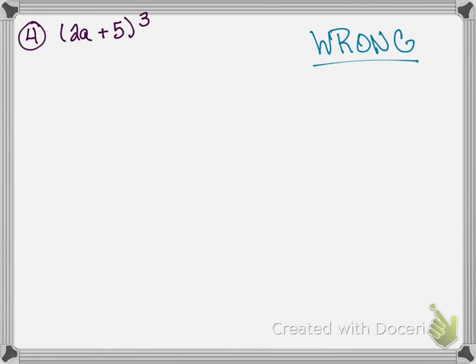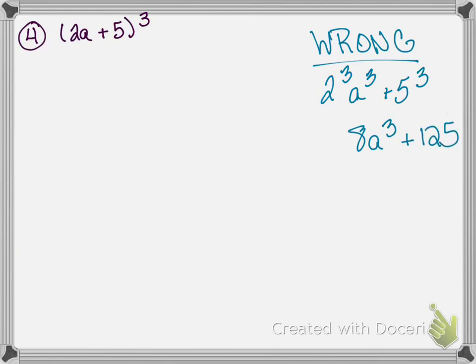Okay? So what we want to do is we want to say 2 to the third, a to the third, 5 to the third. Okay? And we like to turn that into 8a to the third plus 5 to the third, or 8a to the third plus 125. That is wrong. That is not what's happening here. Okay? It is wrong.